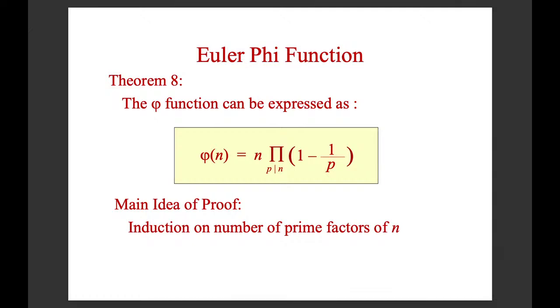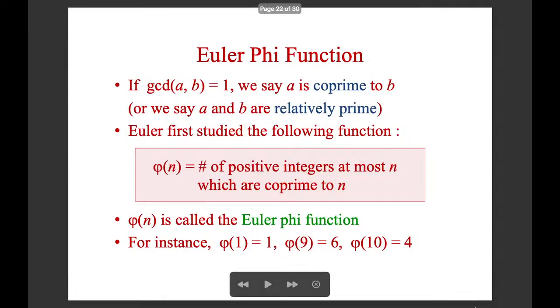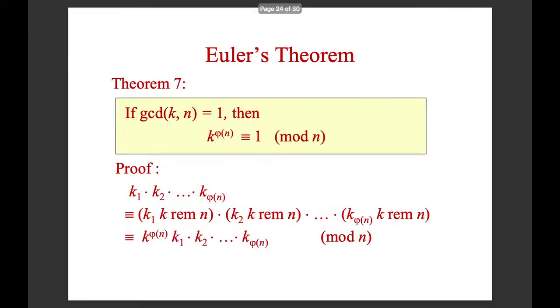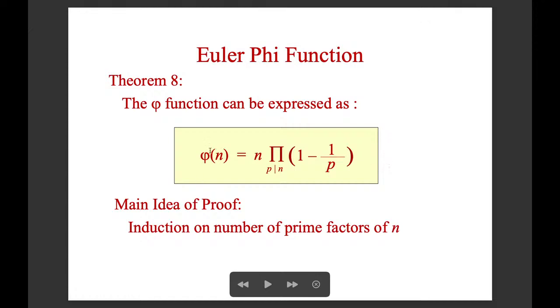But as an example, let's try to find out what phi of 10 is. We have phi of 10 to be 4. So why is it true? First of all, let's apply this formula. Phi of 10 is equal to 10 multiplied with something. We want to find out what prime numbers divide 10 properly. 2 is a possible prime, and 5 is also a possible prime.